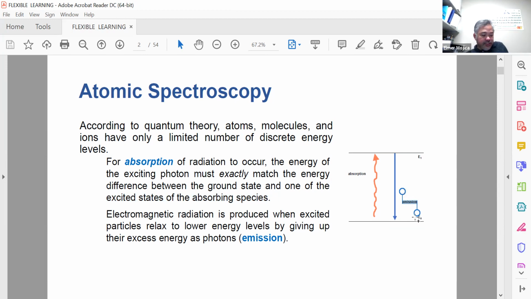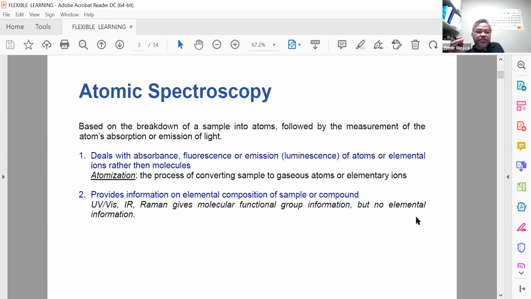Now, atomic spectroscopy is usually based on the breakdown of the sample into atoms, followed by the measurement of the atoms' absorption or emission of light.